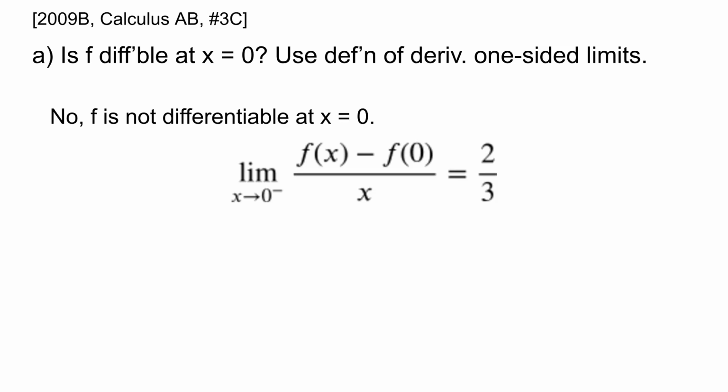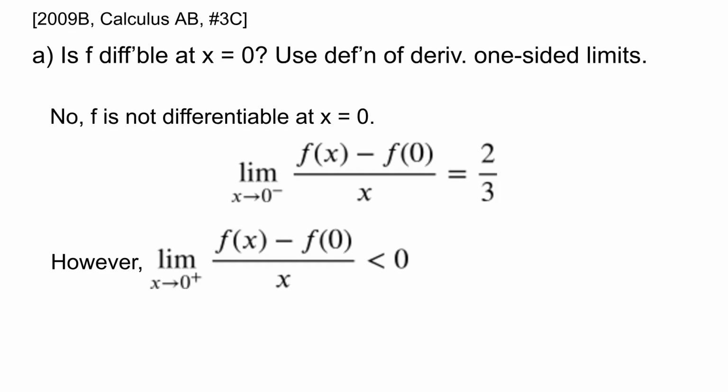So first, if we look at the limit as x approaches 0 from the left of f of x minus f of 0 over x, that turns out to be positive 2/3. If we then look at the limit as x approaches 0 from the right of f of x minus f of 0 all over x, we can't tell exactly what the value of that limit is, but it's pretty obvious from the graph that it is negative.